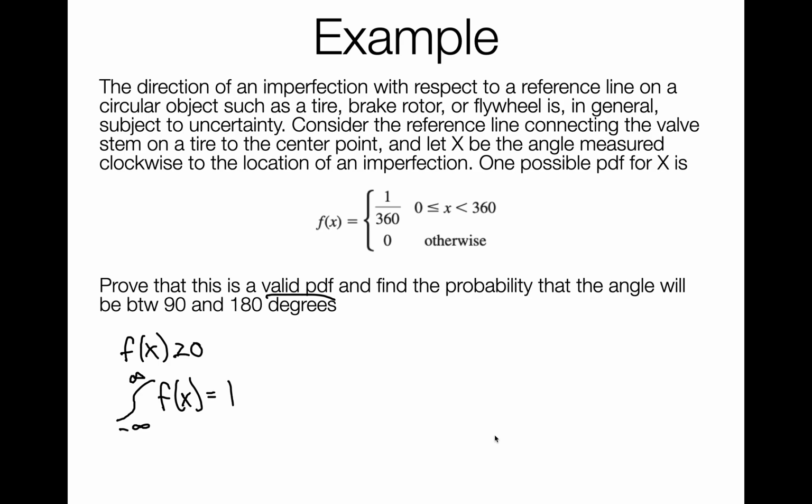Okay, so it's easy to look and see that up here the values of f of x for all x are non-negative, because it's 1 over 360 when x is between 0 and 360, and it's 0 elsewhere. So first one, great, check.